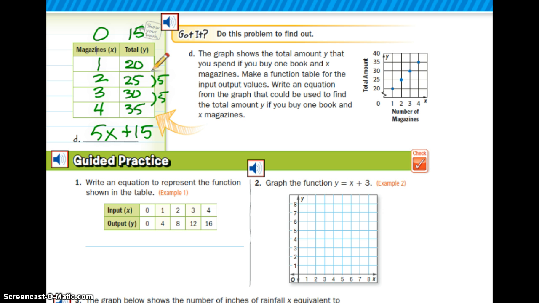Then I get it back to 0 when magazines are at 0. The y is 15, that's my constant, so I have 5x plus 15. That was my expression. Now, by setting it equal to y, y equals 5x plus 15, I have now written an equation.